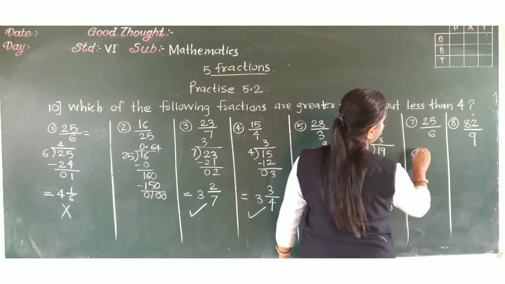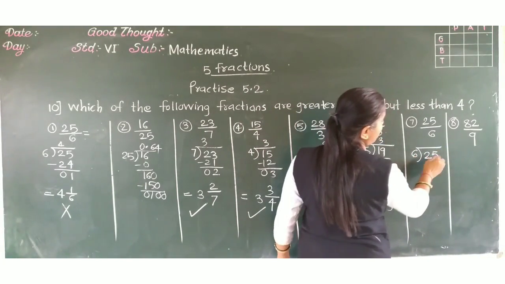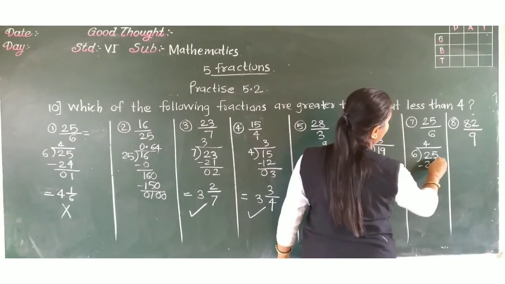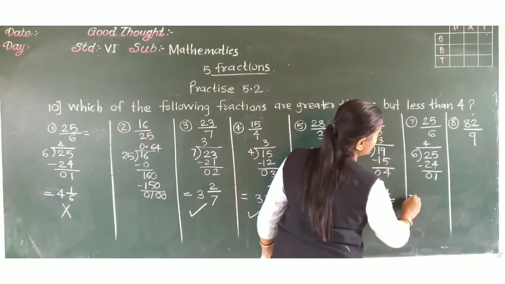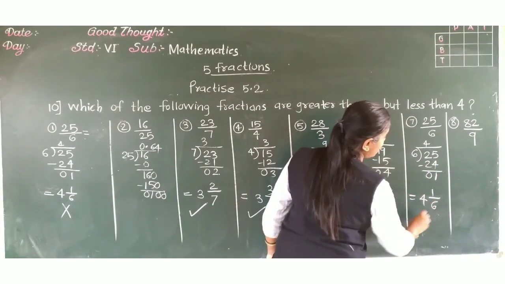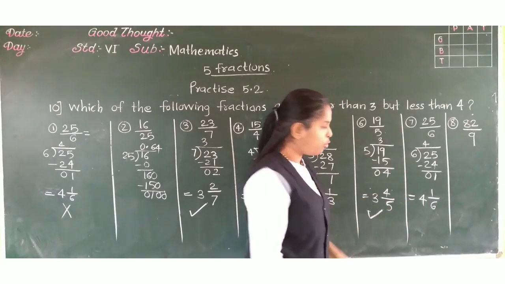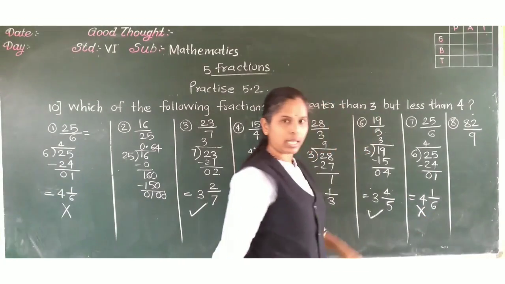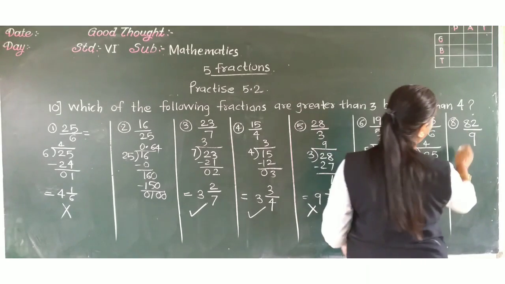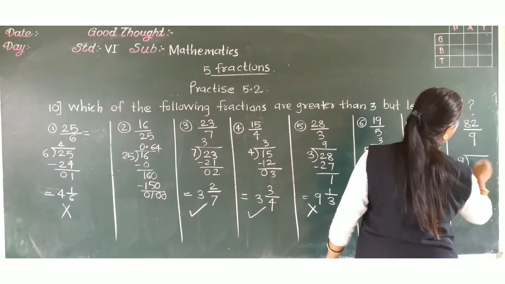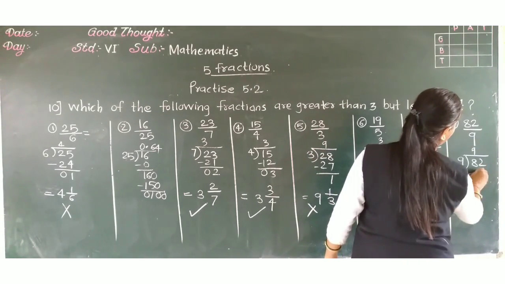Next, 25 divided by 6. 6 4s are 24. That is 4 and 1 upon 6. It is greater than 4. See? We want less than 4. So no, this we can't take. Correct? Then 82 and 9. So 9 9s are 81.